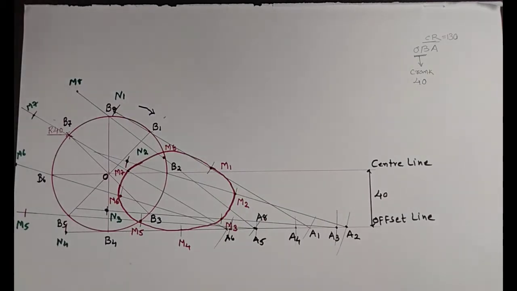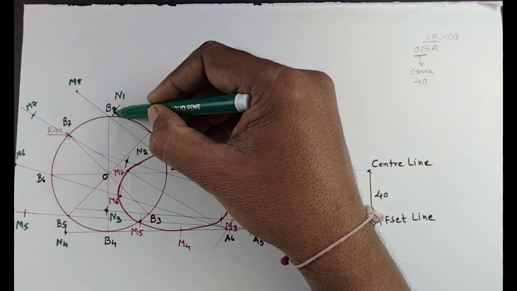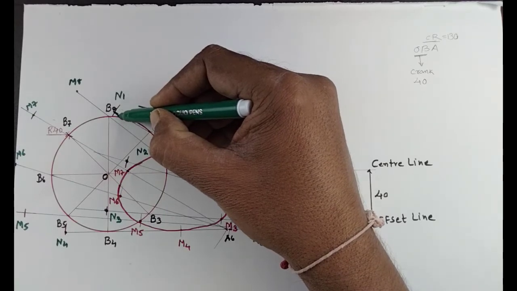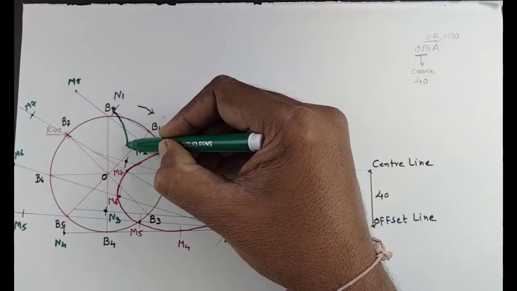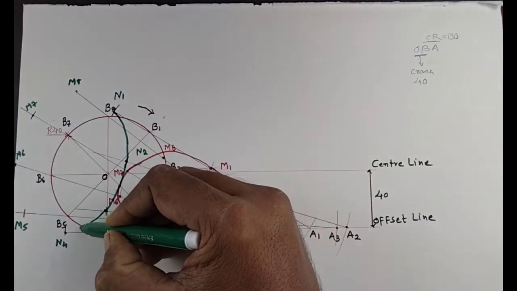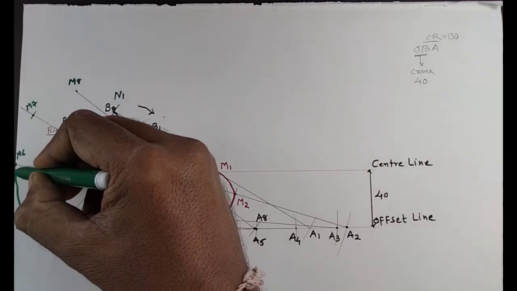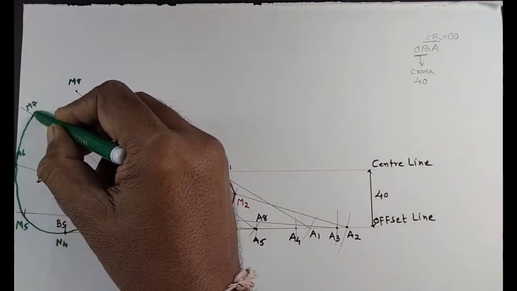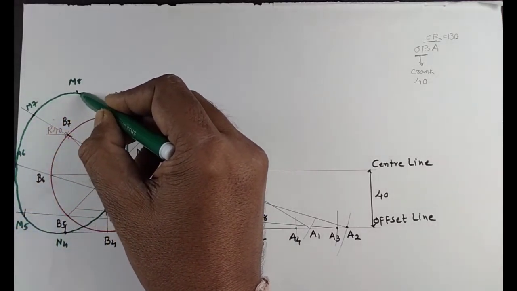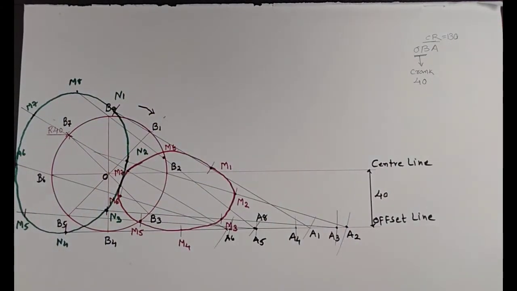Similarly, you can join your N points, starting from N1, N2, N3, N4, N5, N6, N7, N8, and N1.